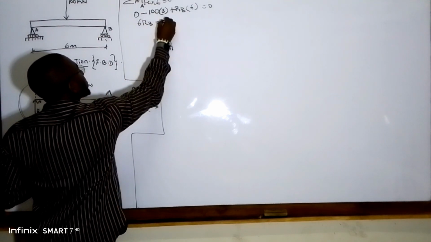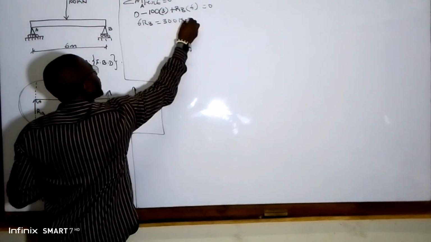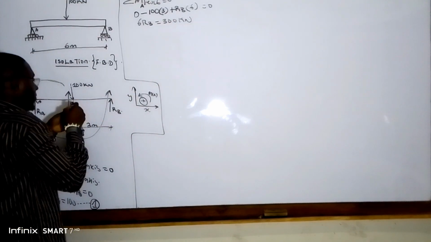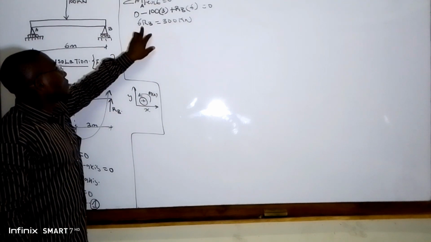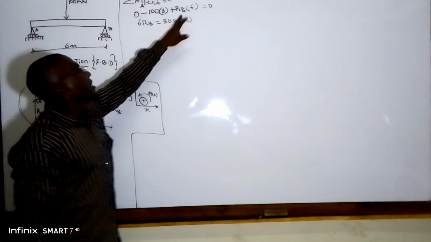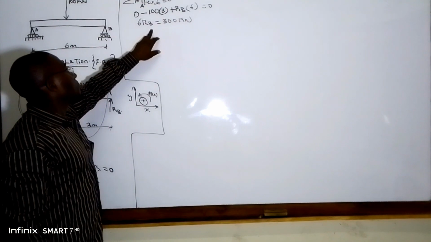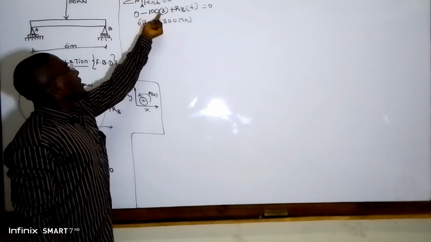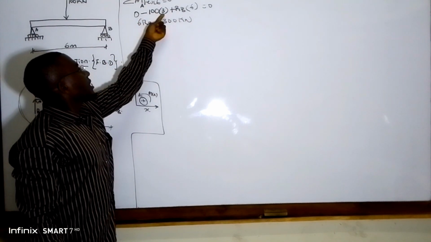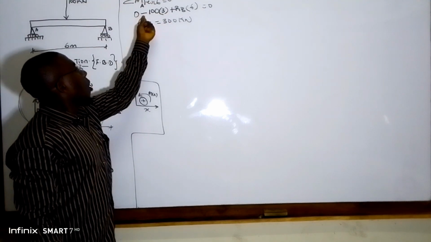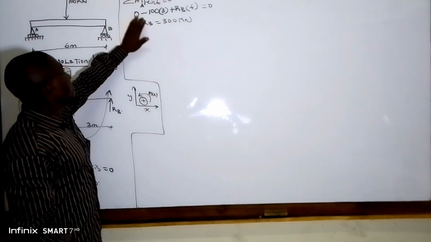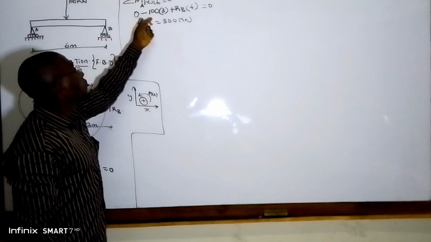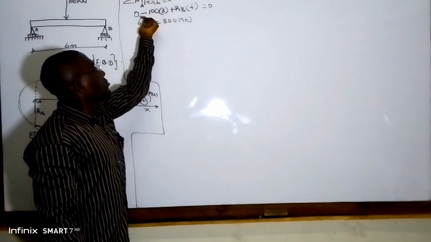Now we make RB the subject of our formula. It is equal to 300 kilonewton. So guys, this is it. We made RB the subject of our formula: 6 RB minus 300 equals 0, so 6 RB is equal to 300, since 100 times 3 is 300. Now, the opposite of subtraction is addition, so we add 300 on both sides.